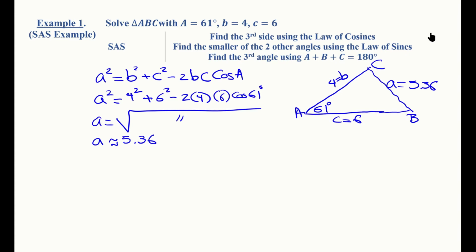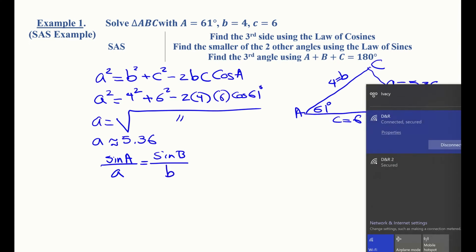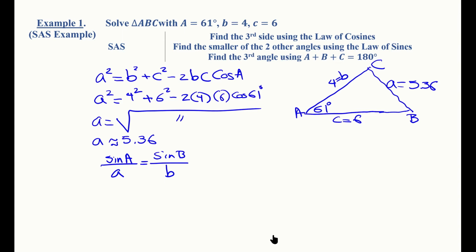the law of sines. So we have sine A over A equals sine B over B. Always a good idea to write these without any kind of plugging in first, so that you don't make any errors.